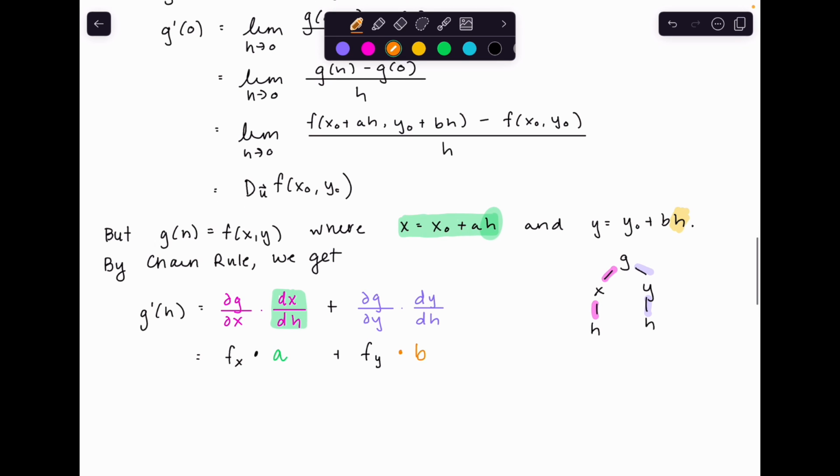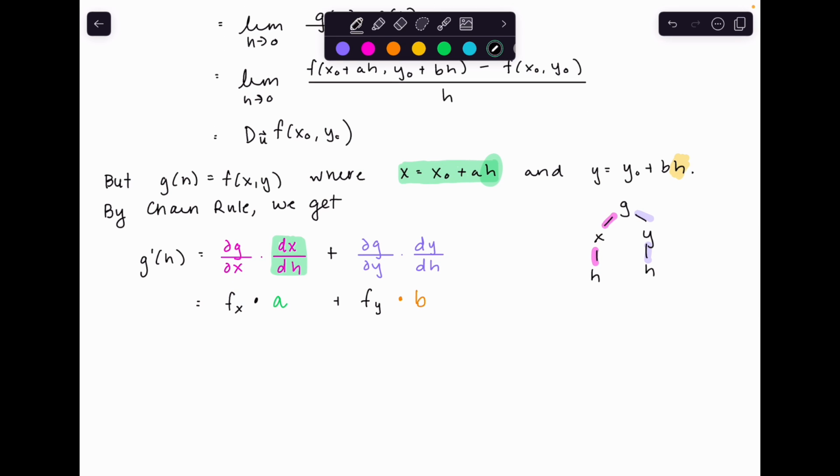And so what I can actually do now is write this in terms of vectors, because you see we've got a, b, which is our unit vector u. Okay. And since I've got something times something plus something times something, that's just the dot product. So this is the partial with respect to x, the partial with respect to y, dot product with a and b.